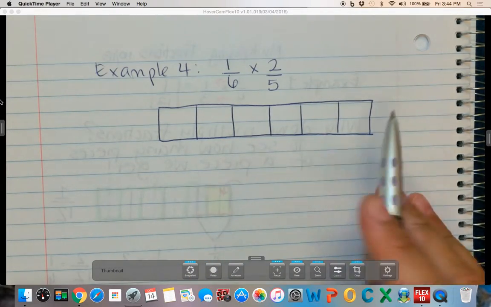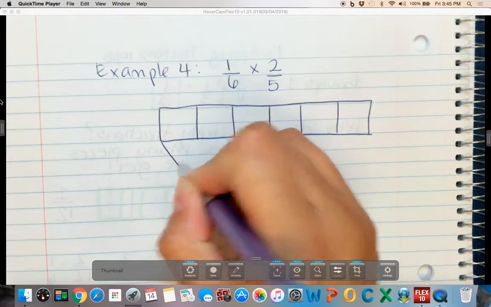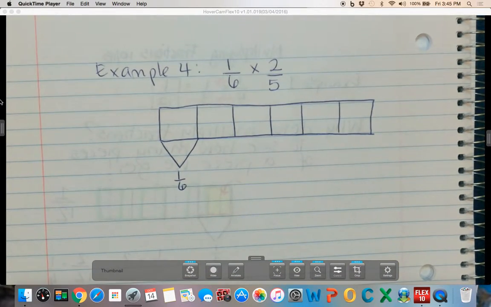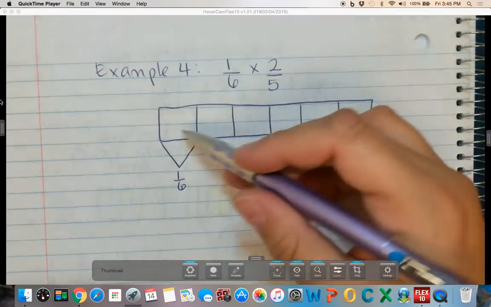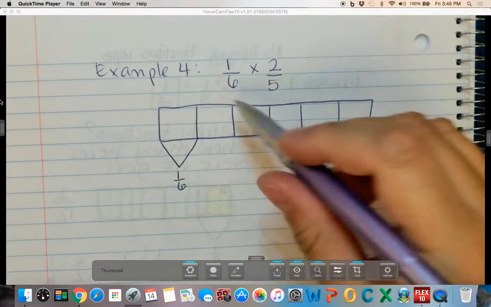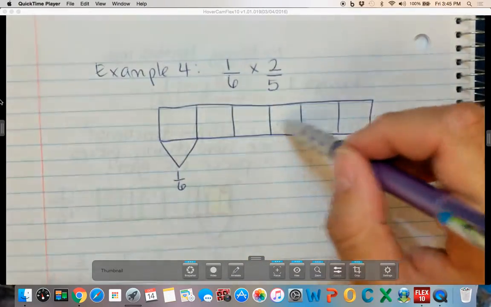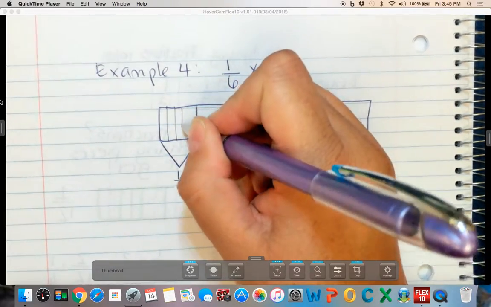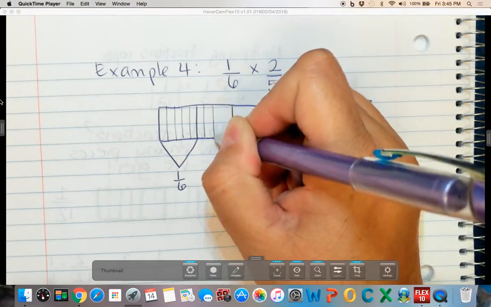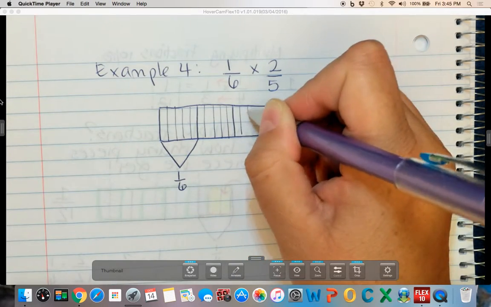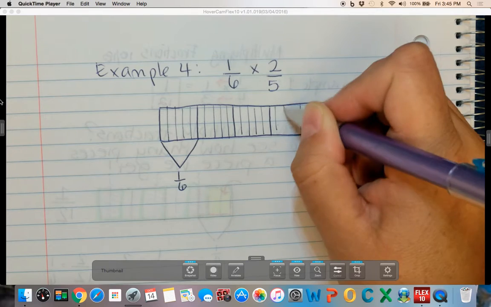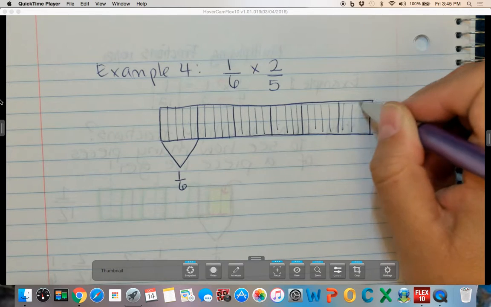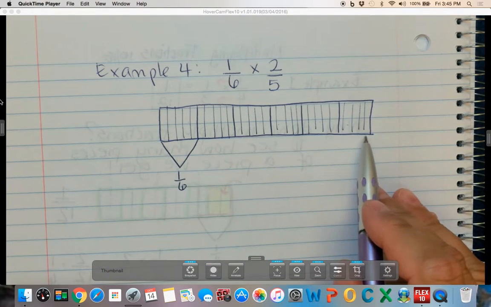And out of this whole, I'm going to concentrate only on this 1/6. It wants to know how many 2/5 are in this 1/6. So I have to make each of these have 5 pieces. How many pieces do I have total now?